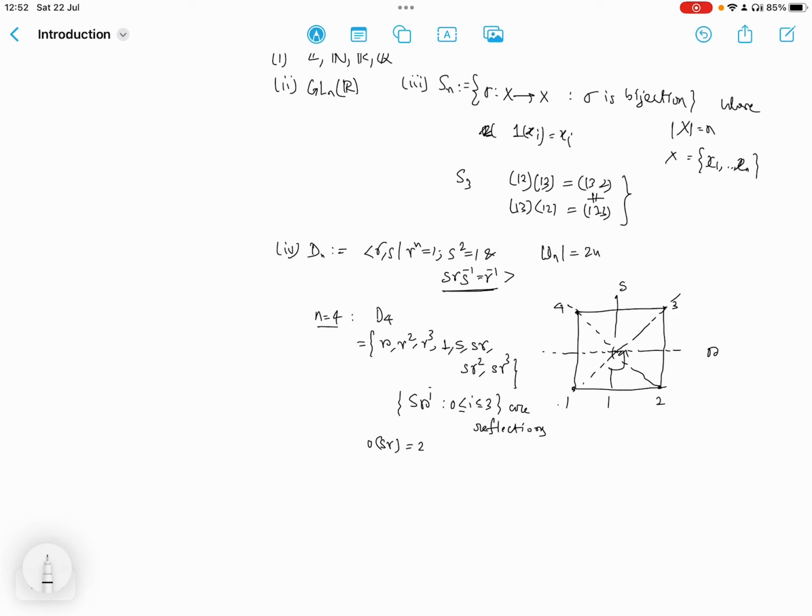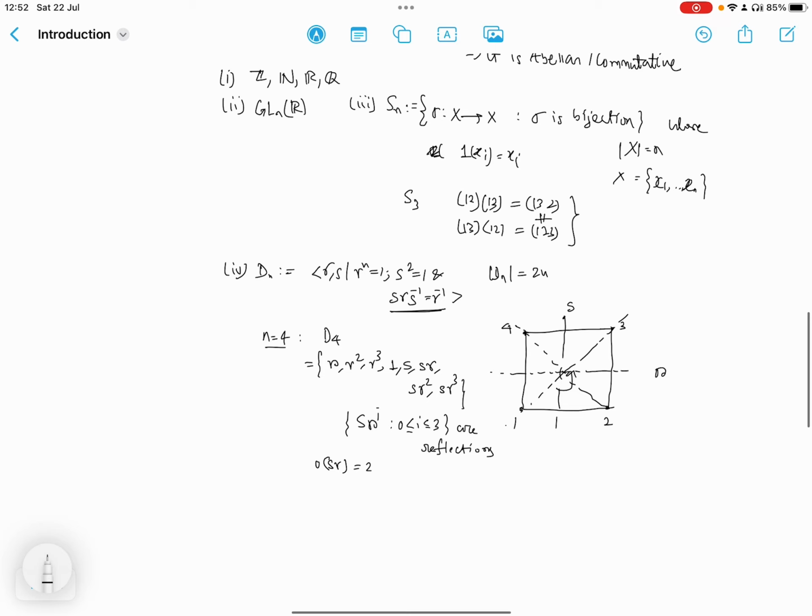This is of order 2. I can compute it here, and since SR times SR is, what is this? This is just the inverse of SR, because S is of order 2. So this is R inverse, and now this is 1. The order of SR is 2.